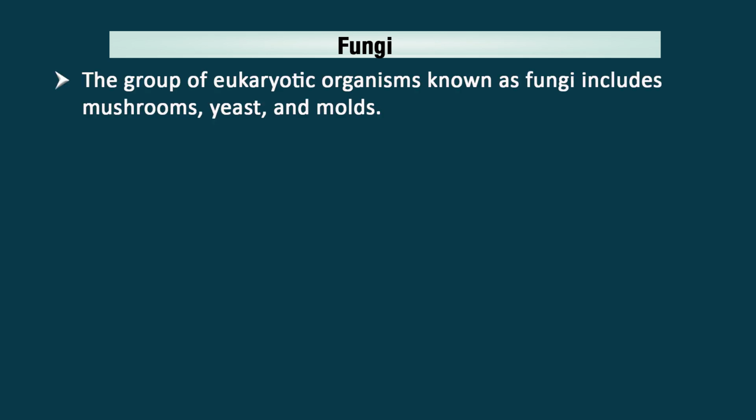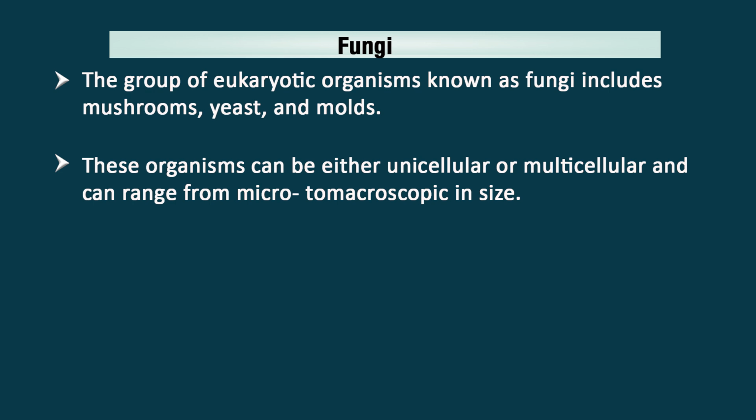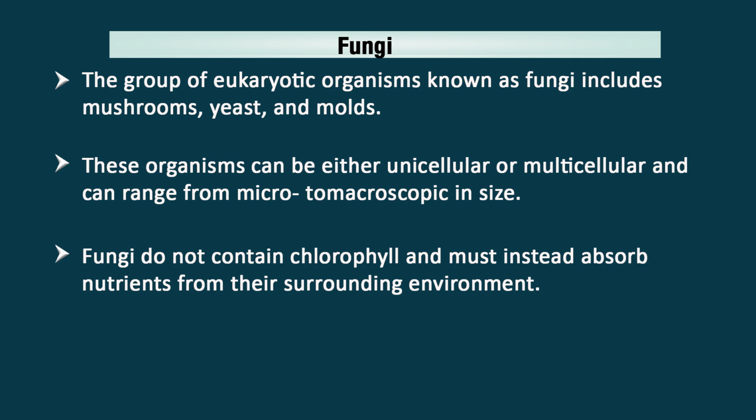Moving on to the next microorganism, fungi. The group of eukaryotic organisms known as fungi includes mushrooms, yeast and molds. These organisms can either be unicellular or multicellular and can range from micro to macroscopic in size. Fungi do not contain chlorophyll and instead absorb nutrients from their surrounding environment.